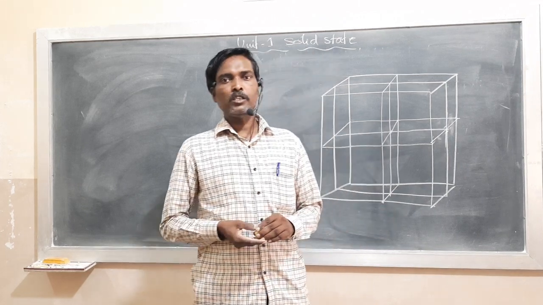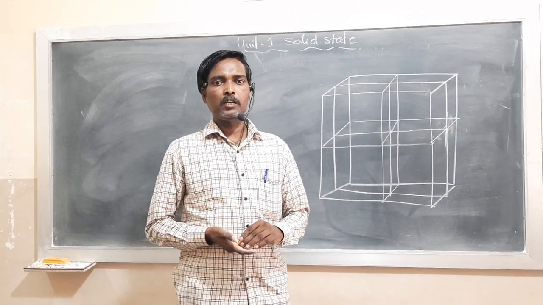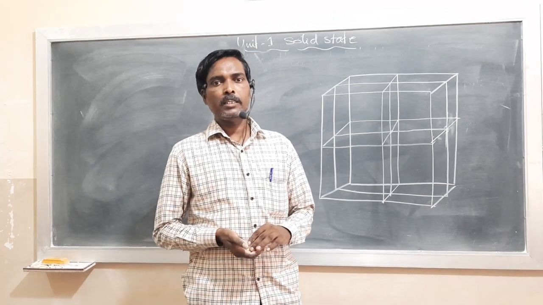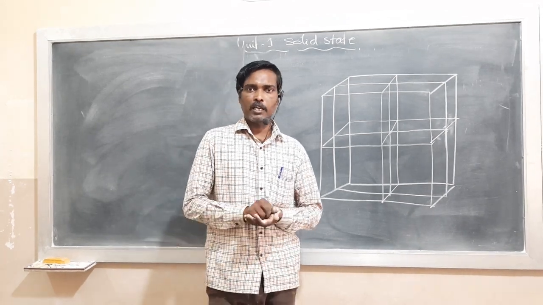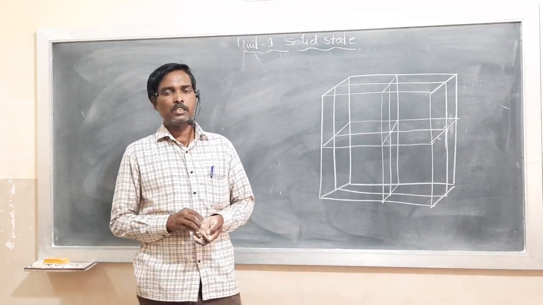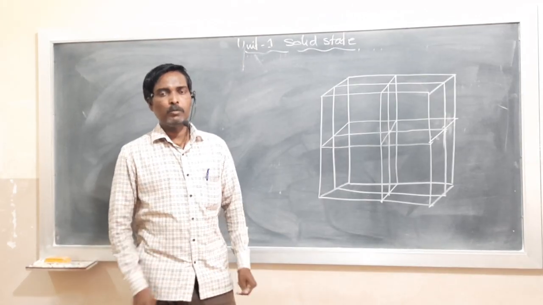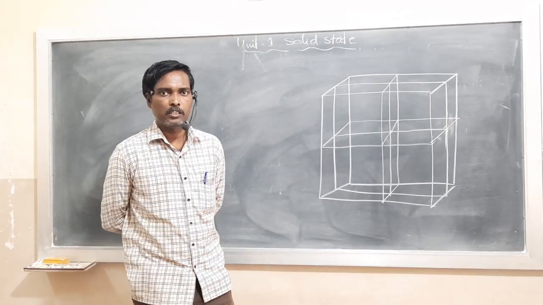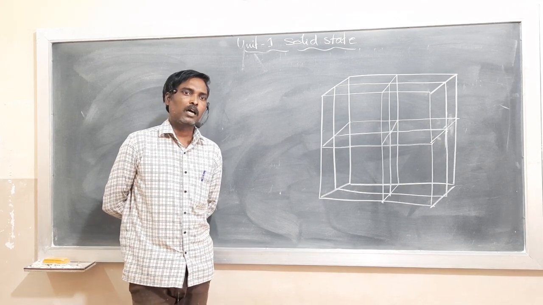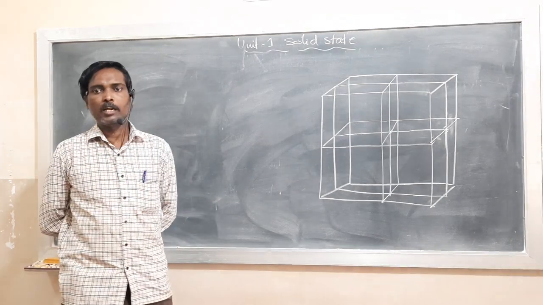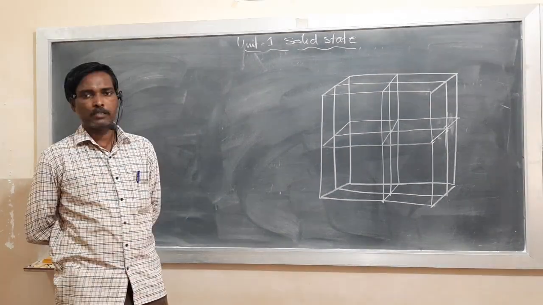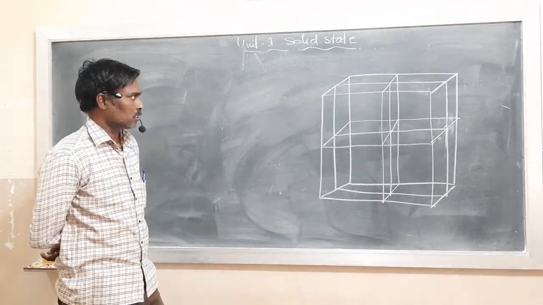In simple cubic cell, we know there are 8 corner particles. Therefore, the lattice points in simple cubic cell are 8. Whereas in body-centered, there are 8 corner particles and 1 particle is present at the center. Therefore, the lattice points are 9. And in face-centered, the lattice points are 14 because of 6 face-centered and 8 corner particles.